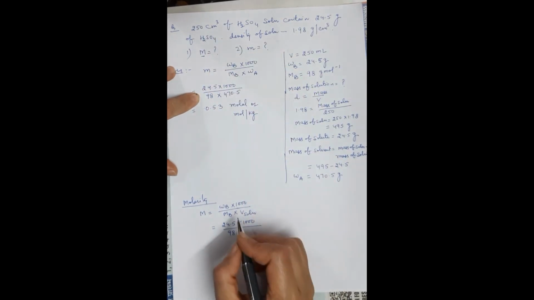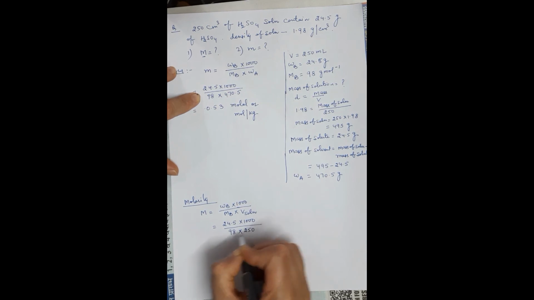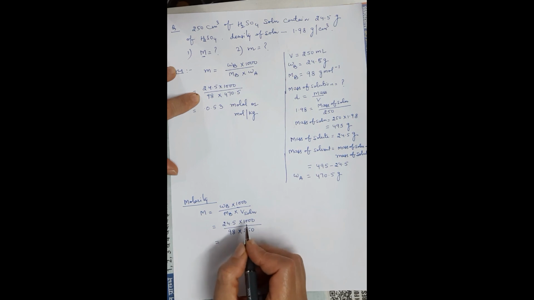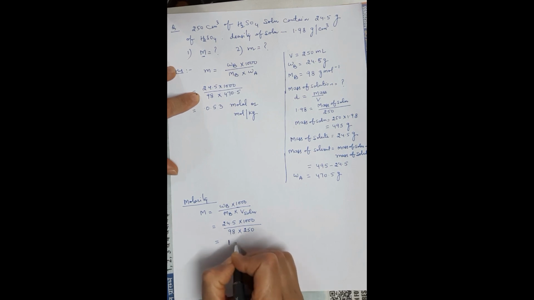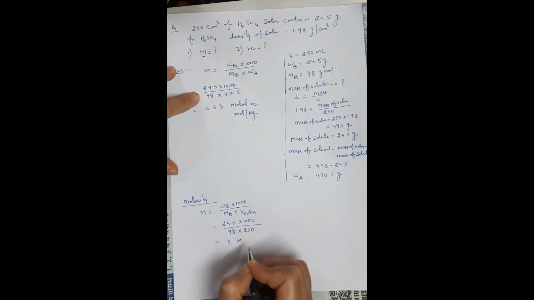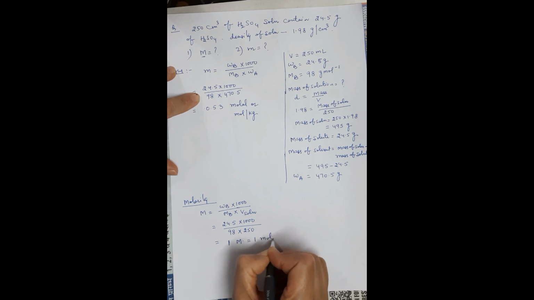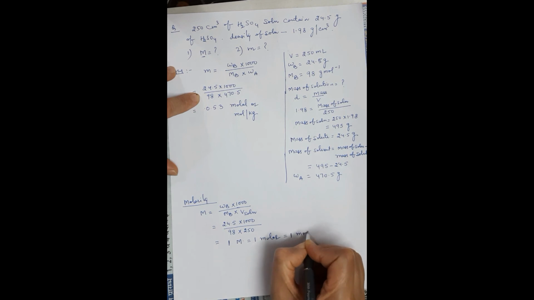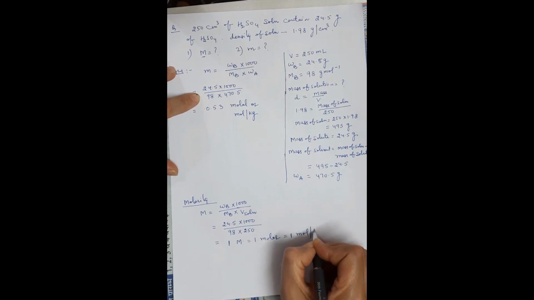It is 250 centimeter cube. So you write down here 250. It comes out to be, if you solve all this, it comes out to be 1, and its unit is molar. I can also write down 1 M. 1 M means 1 molar, or I can also write down 1 mole per liter.